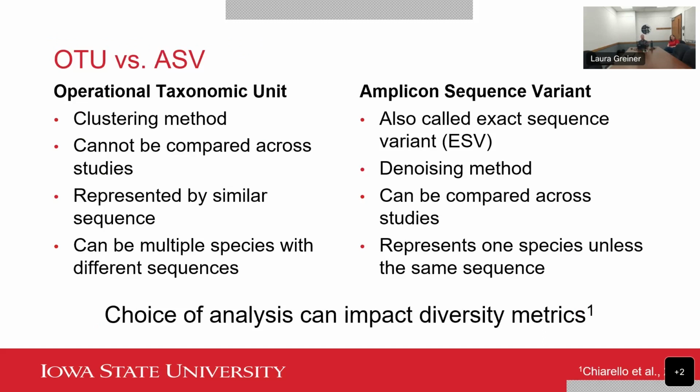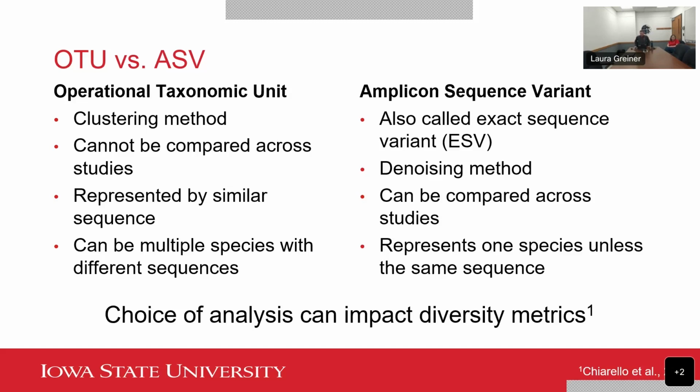And so we're limited in that sense. Additionally, it's possible that if species are similar enough in whatever region you are sequencing, they may be classified as the same OTU, even though they are different species. So there are some pros and cons with OTUs.